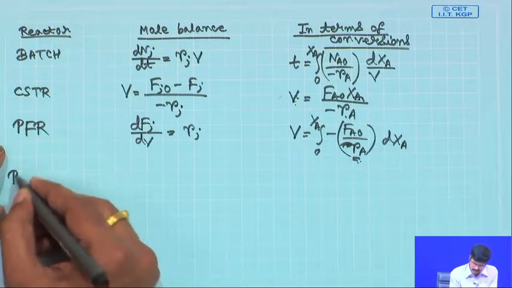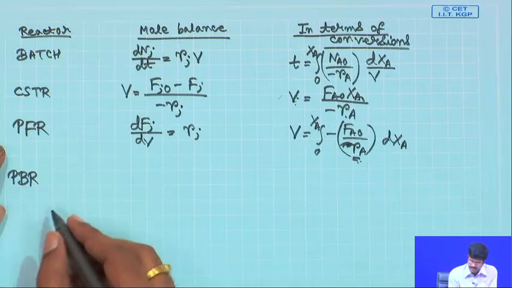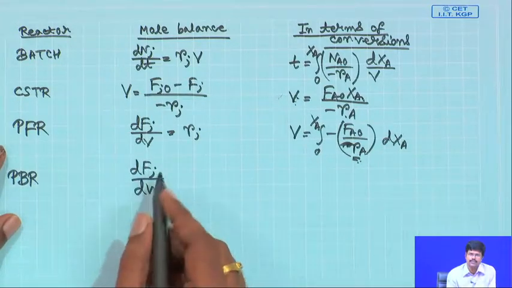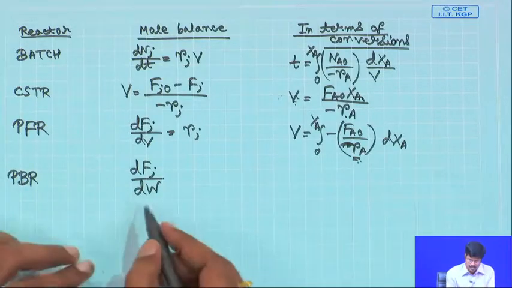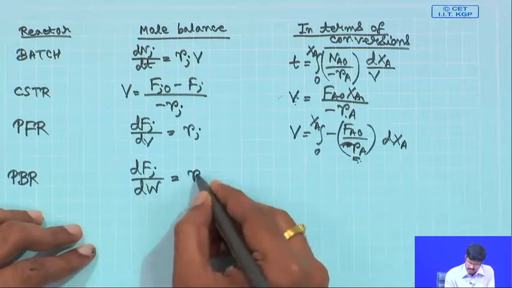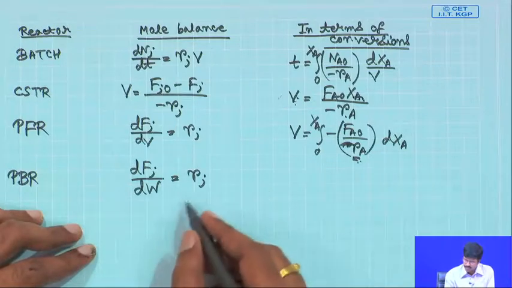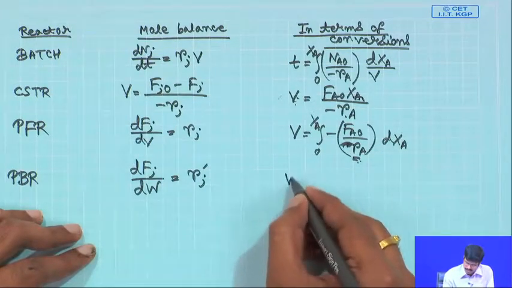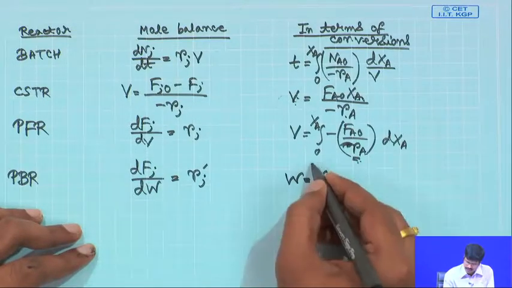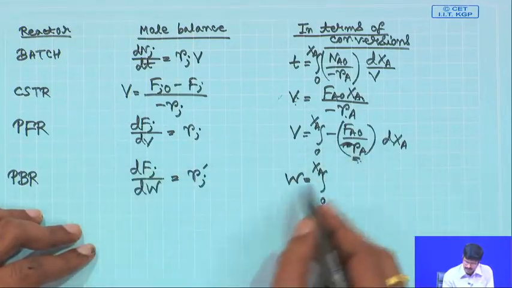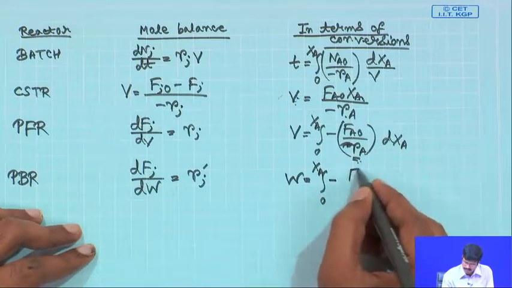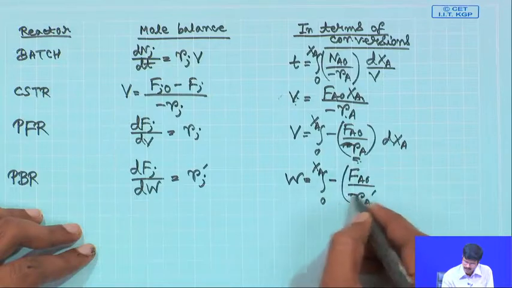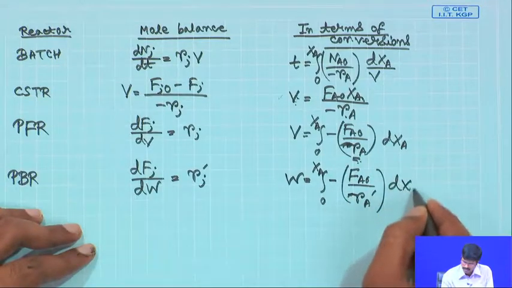And finally, for the PBR, packed bed reactor, you have dF_j/dW, as a function of the weight of the catalyst, equal to r_j, or r_j prime, if you so please. Then W equals the integral from 0 to x_A, same form as PFR, with W instead of V, of F_A0 divided by minus r_A prime dx_A.